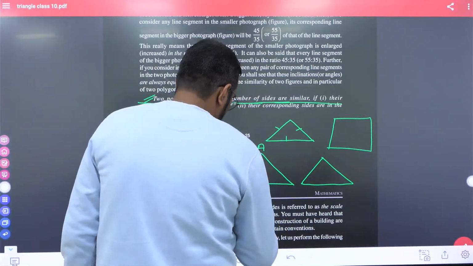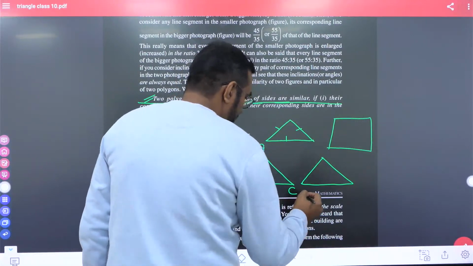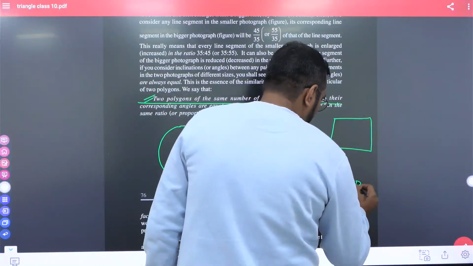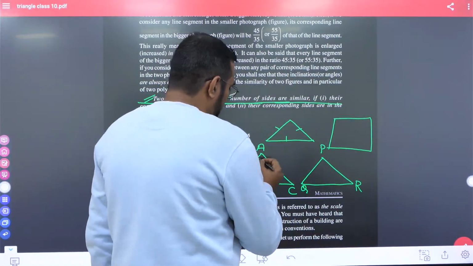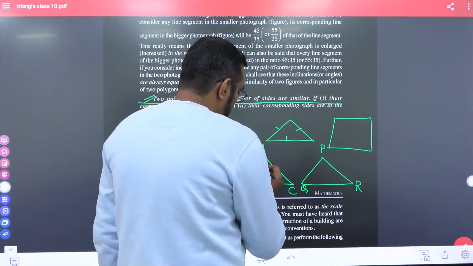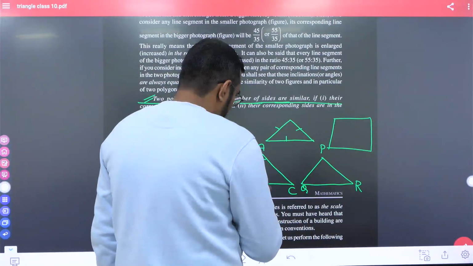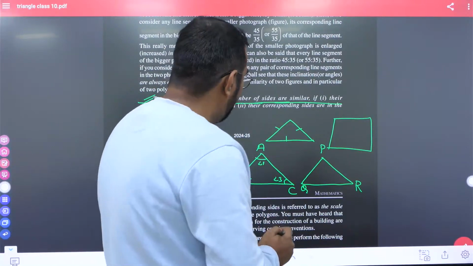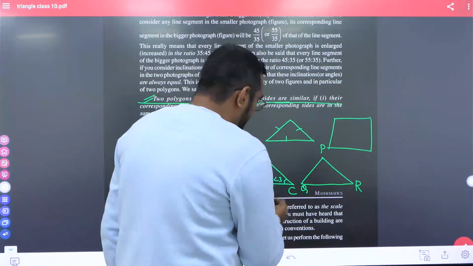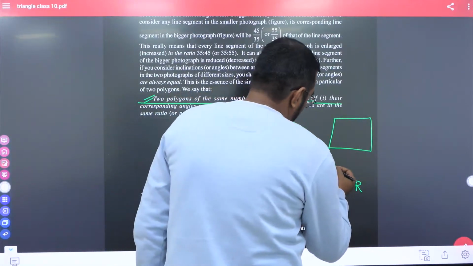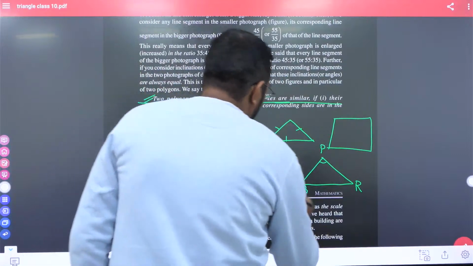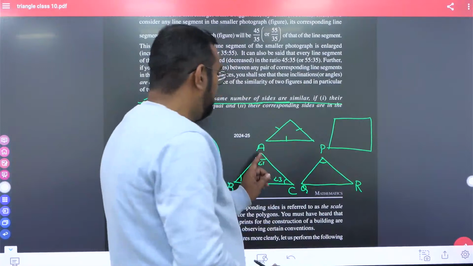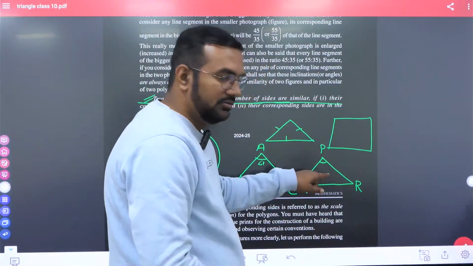Here is triangle ABC, and here triangle PQR. Let's say this is angle 1, this is angle 2, and this is angle 3. Their corresponding angles being equal means the measure of each angle must be the same in the other triangle also.